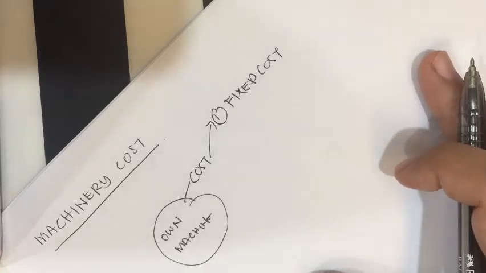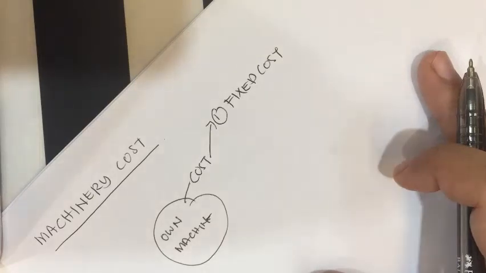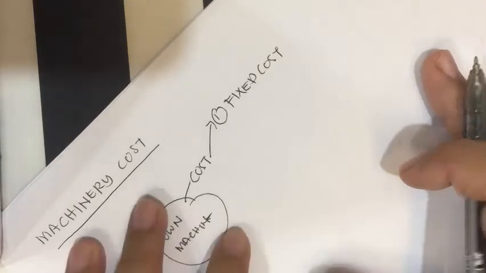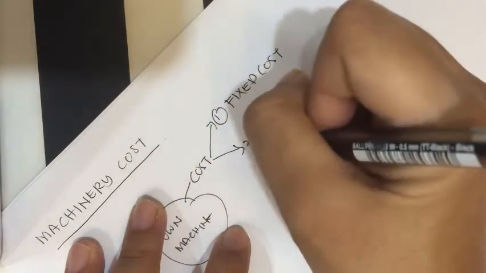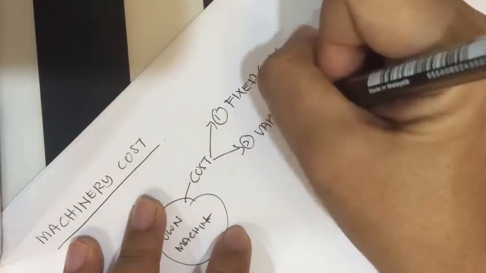Either you have a 1-year-old machine and only use it for 1 hour per year, it is the same as you have a 10-year-old machine and you use it for 10 hours per day. The fixed cost is fixed at whatever stage of the age of the tractor. And then the second one is variable cost.